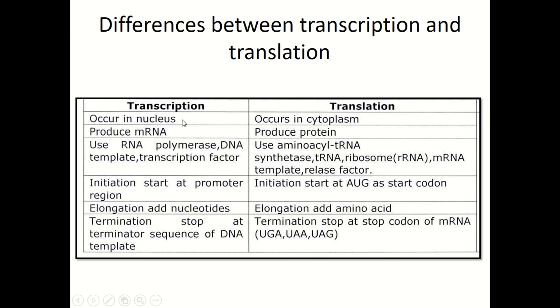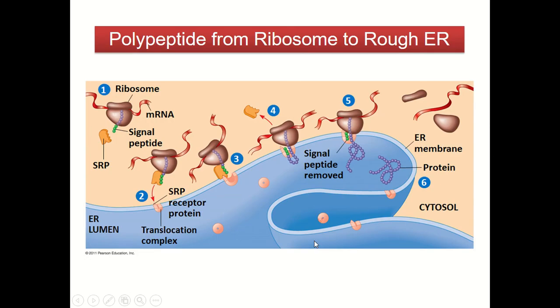For transcription, the termination step will stop at the terminator sequence of the DNA template. Meanwhile, for translation, the termination phase will occur, or the translation will stop, at the stop codon of the mRNA, which is either UGA, UAA, or UAG.